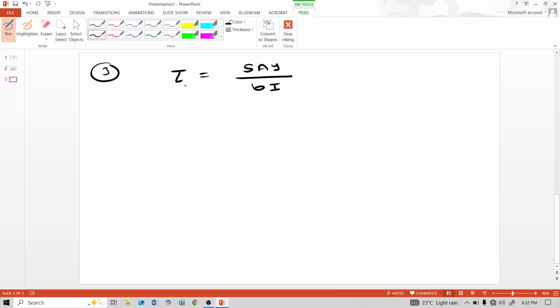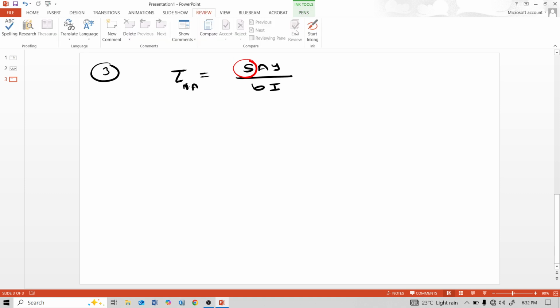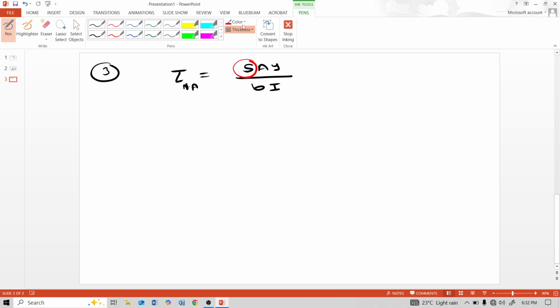Maximum shear stress is at the neutral axis, that's why I write tau neutral axis is equal to SAY upon BI. Our main objective is finding this S, so S is equal to tau neutral axis multiplied by width multiplied by moment of inertia divided by A into Y.